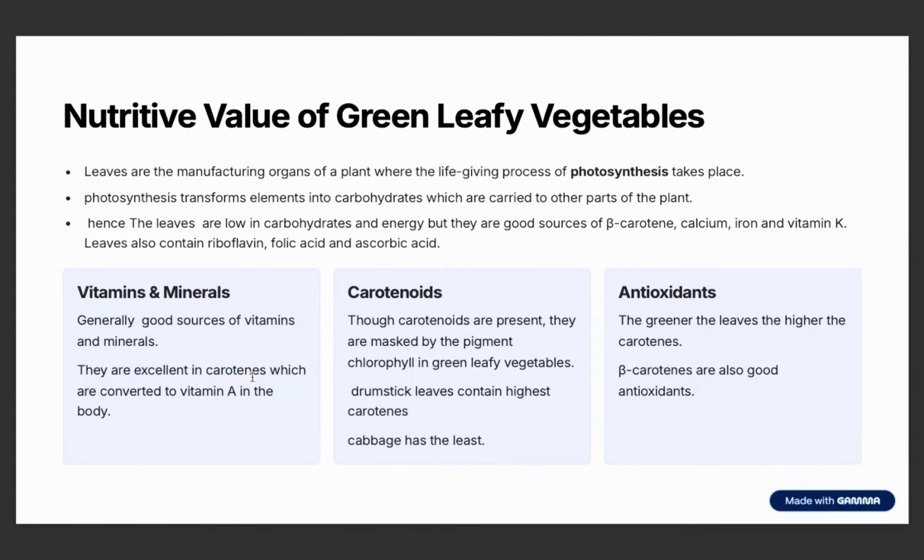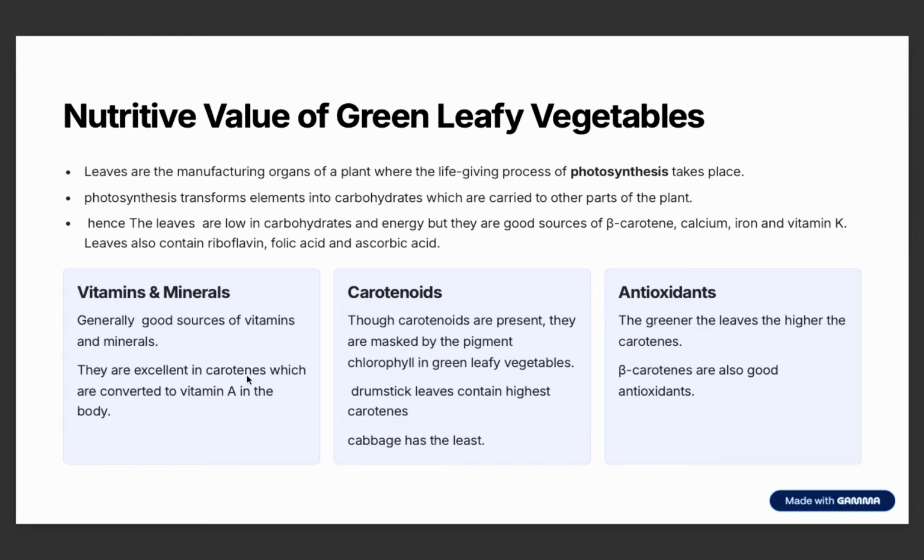There are three types of vegetables: green leafy vegetables, other vegetables, and roots and tubers. Green leafy vegetables include the leafy portions of the plants, roots and tubers include the root part, and other vegetables include the rest of the plant portions.